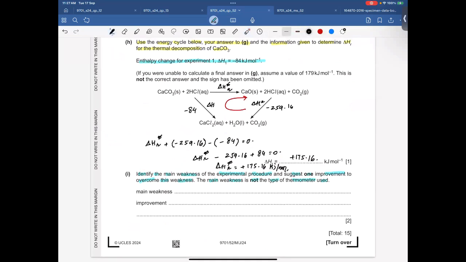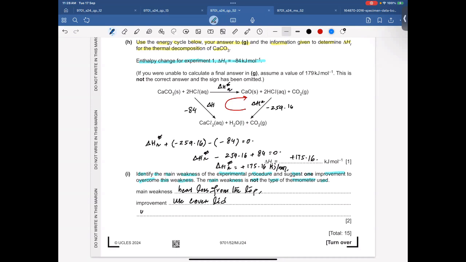Main weakness: heat loss from the top. Improvement: use a cover lid.